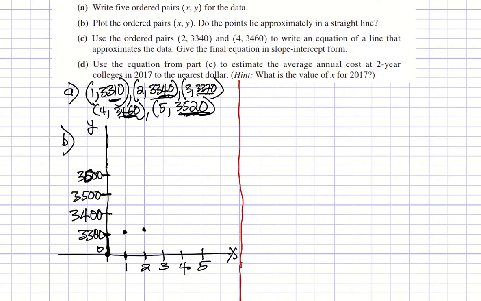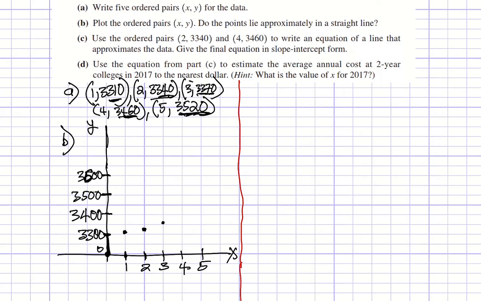The third point is 3370, probably somewhere over here, because it's more than that. It's over half, because half of that is 50. So the next one is 34 something.